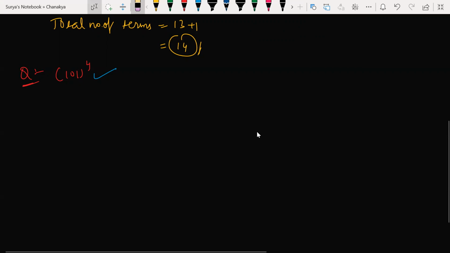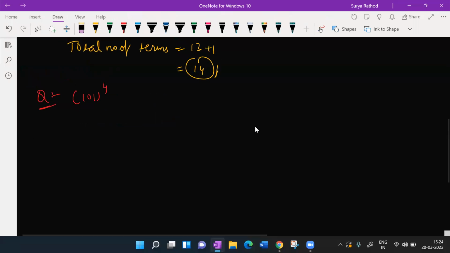Guys, how can you solve this? Don't multiply 101 into 101 into 101 into 101. Don't do this. Everyone can do this, but guys, by using binomial expansion, how can you solve this question?